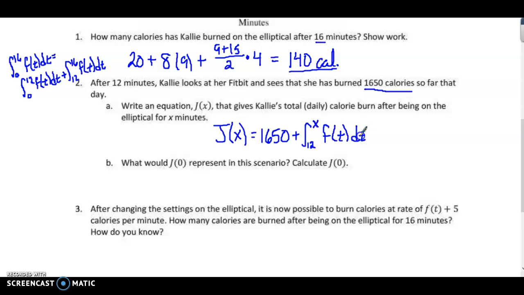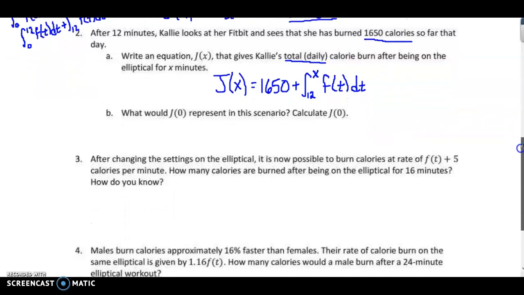So we've got the initial calorie burn in the first 12 minutes, and then the sum from 12 to whatever of f of t dt. That together will give us the total daily calorie burn after being on the elliptical for x minutes.